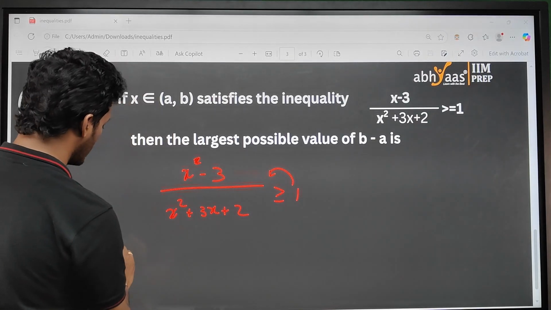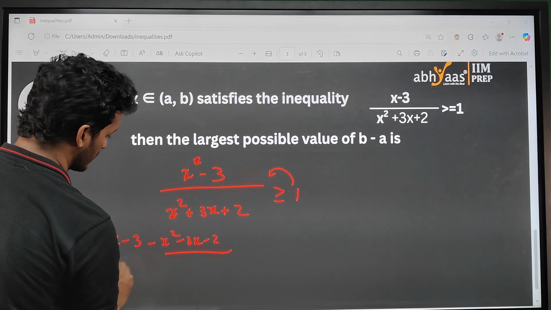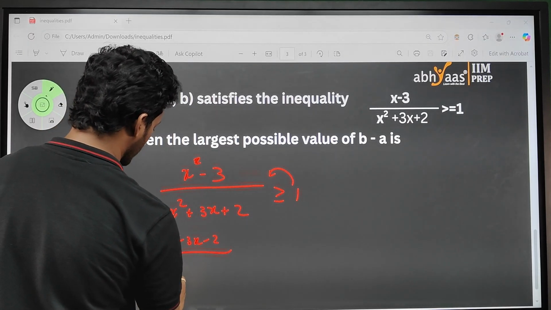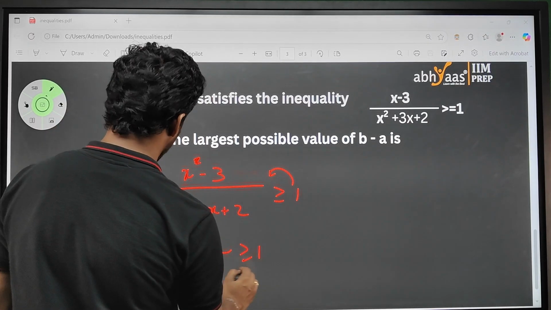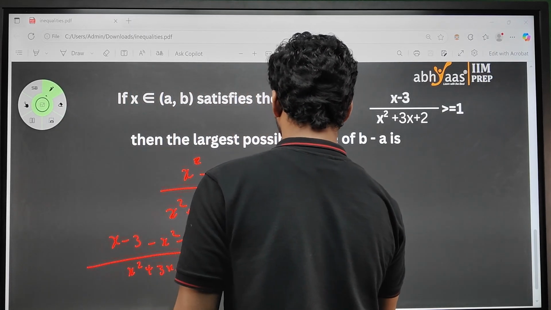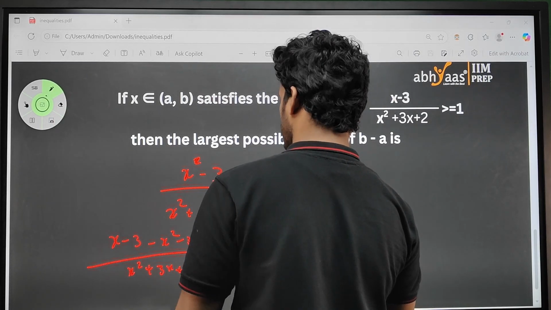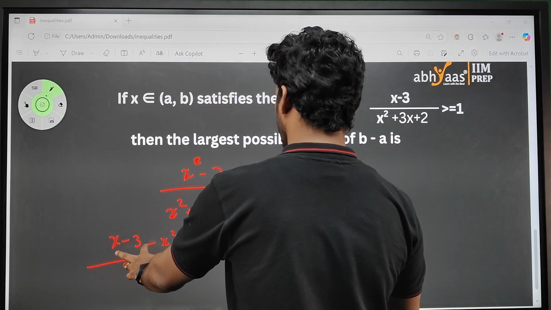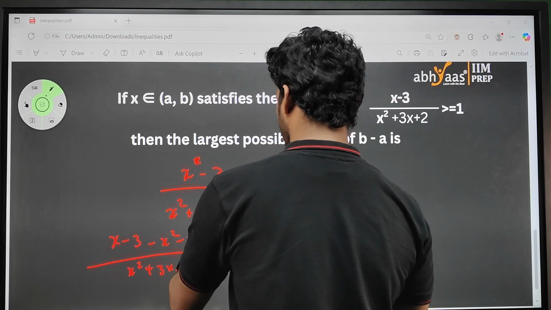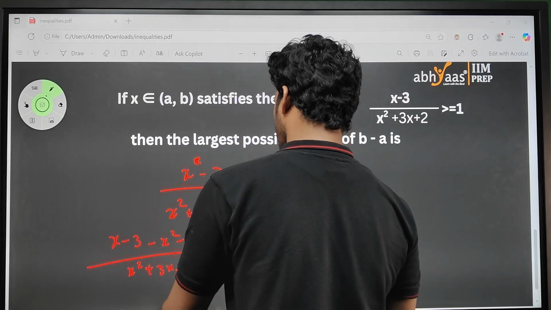Take minus 1 here. It will become x minus 3 minus x square minus 3x minus 2 over x square plus 3x plus 2. So this becomes minus x square minus 2x minus 5, sorry, not minus 3x.